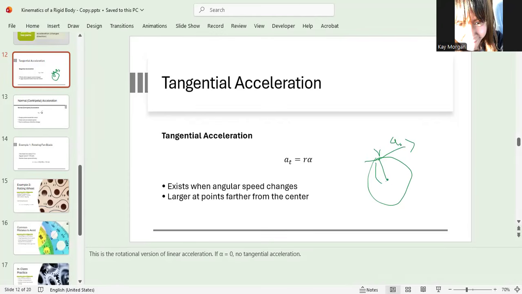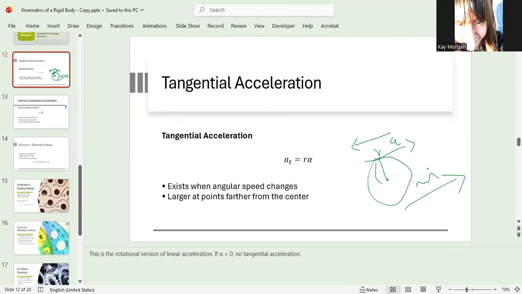If the object is slowing down, your a is going to be going this way, but the motion is still this way, but it is slowing down. Okay? Motion direction and acceleration direction are two different things. You might be going forward, but it might be slowing down. At that time, your a reverses, your tangential acceleration reverses. If the motion is speeding up, a is with it, your tangential acceleration is with it.